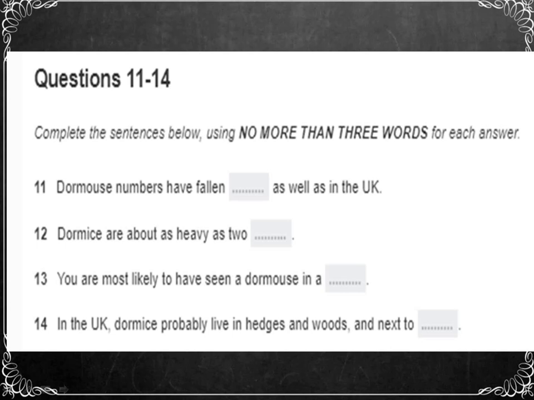The aim of the first stage of our project is simply to identify specific locations where dormice are still to be found and estimate the number we have here. So I'll just tell you a little bit about the creature in case you don't already know. The dormouse is a very attractive, very small mammal. It only weighs about the same as a couple of pound coins. It's bright golden in colour and it has a thick furry tail and big black eyes.